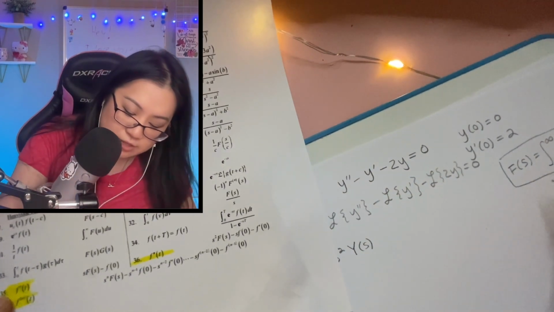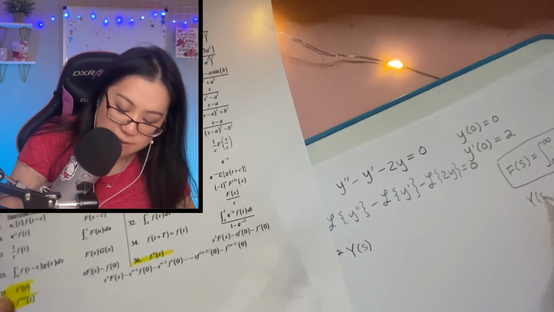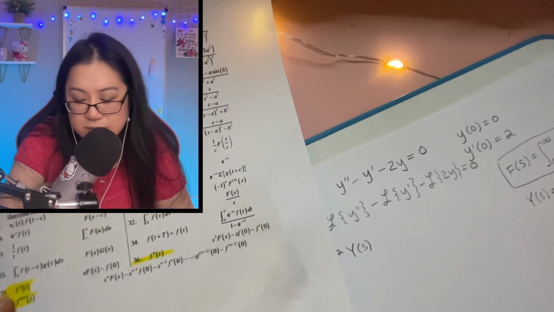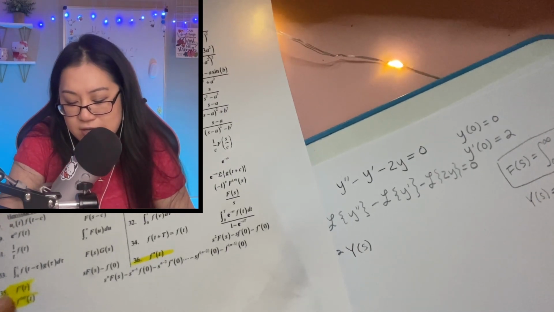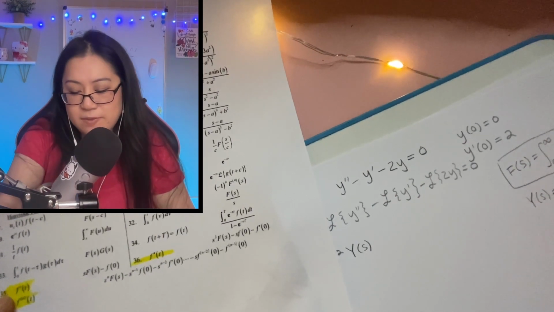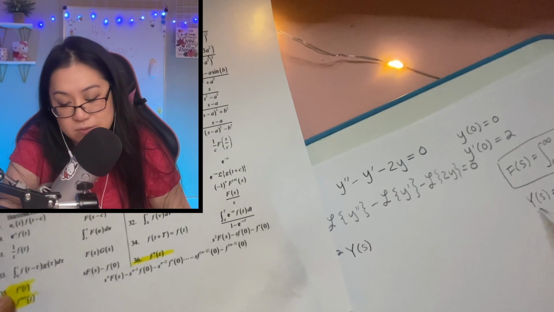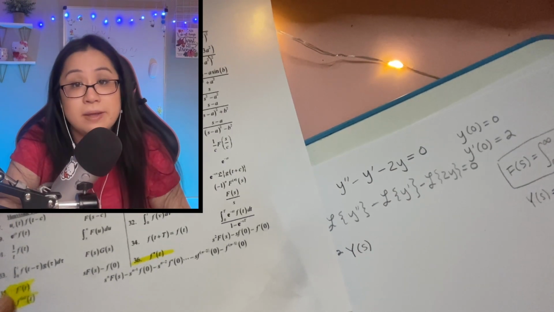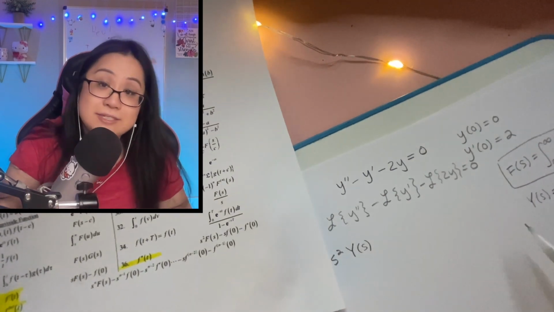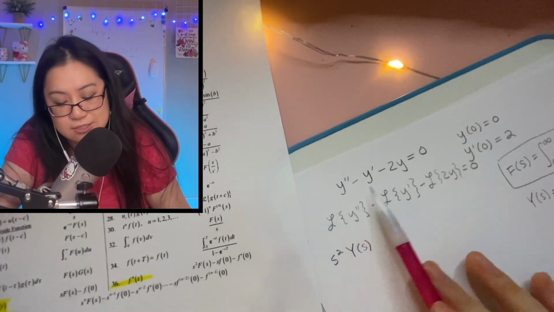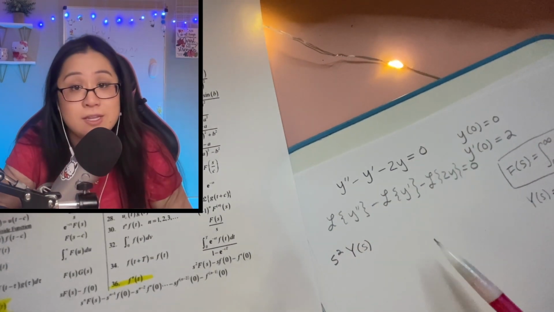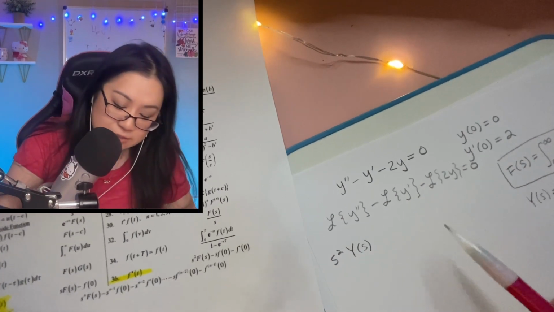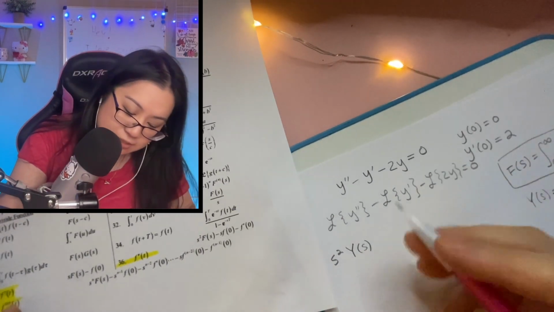So note that y of s, capital Y of s, is going to be the Laplace of the little y of t. Okay, so if we can solve for capital Y of s, then I can take the inverse Laplace to get my original function, which is what we're going to solve. But we're taking this entire equation and moving it into the frequency domain by using this.